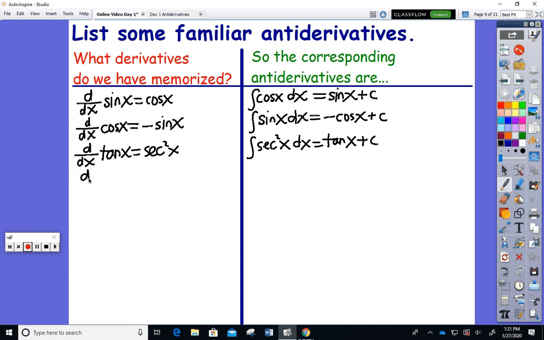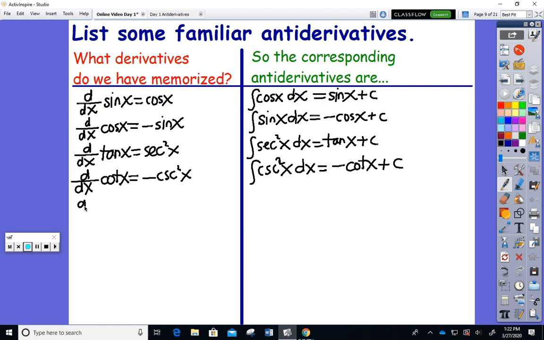The derivative of cotangent x, I remember, is negative cosecant squared x. So if you have the antiderivative of cosecant squared x, my 2 is kind of hard to read, then I'm going to say that's negative cotangent x. So that's another one where I'm putting the negative where you may not expect.